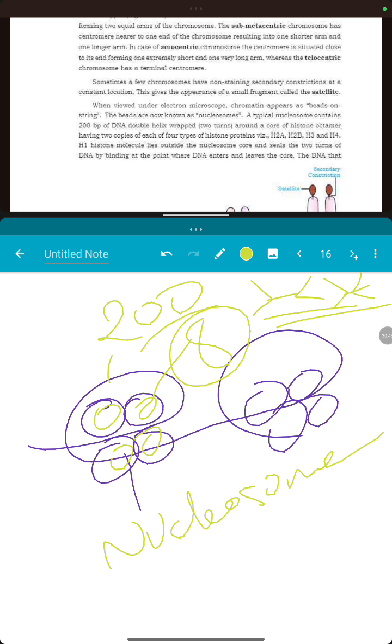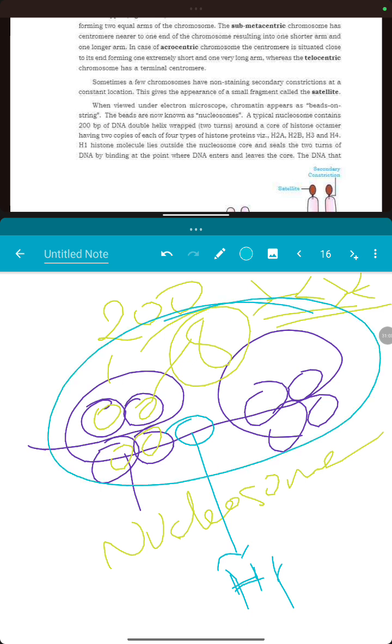And a single H1 protein is present here and seals the 2 turns of DNA by binding where the DNA enters and leaves the core, so the nucleosomes are fitted perfectly and cannot move.